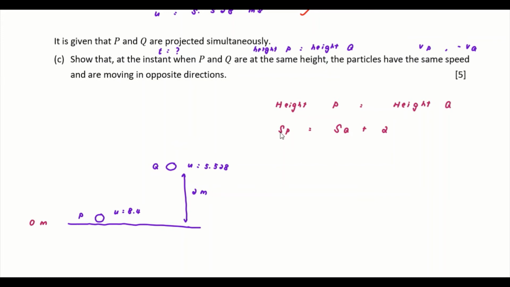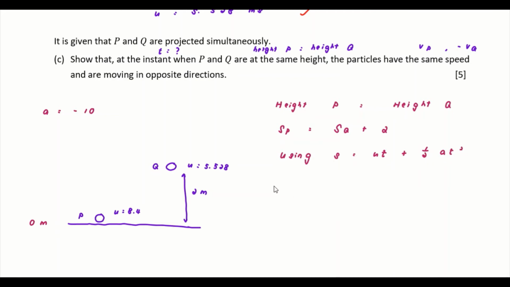Now by having this, we can solve our equation. So what we have is SP. How can we solve for SP? We have U, we also have our acceleration, which is constant for both, which is negative 10, and then we have T, the variable that we need to solve. So by using S equals UT plus half AT squared, let's do SP first.